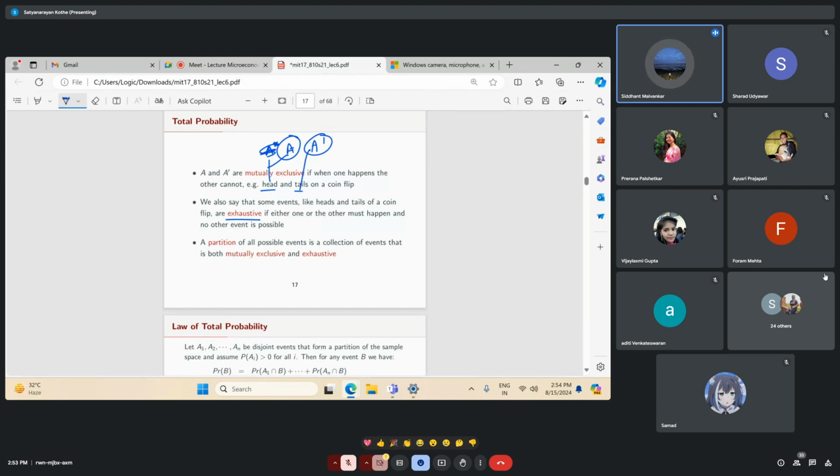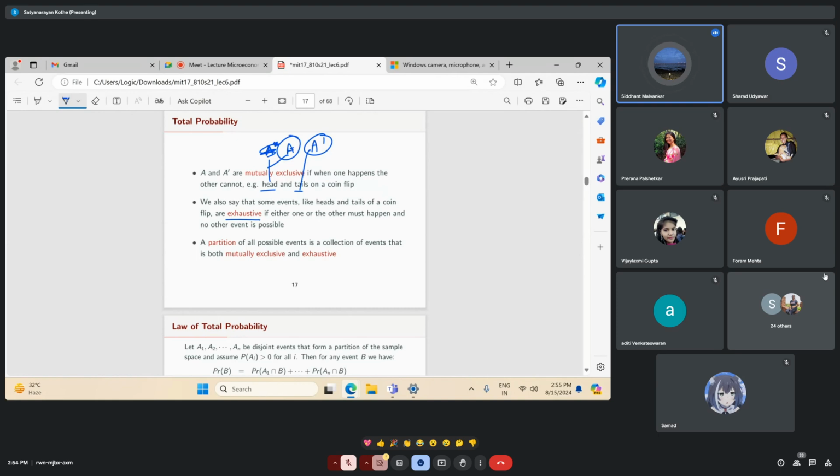It is exhaustive in the sense that no other event can take place. Okay, no other event will take place. If the event doesn't take place, then no probability can be computed.